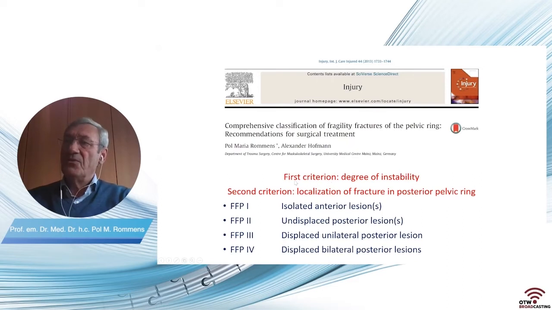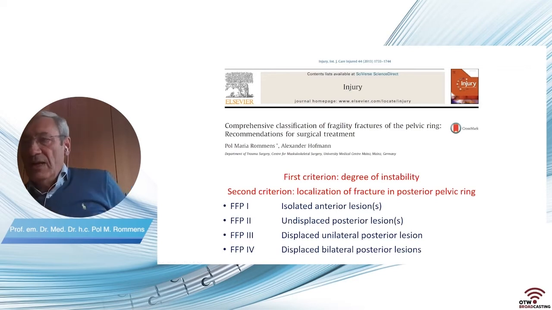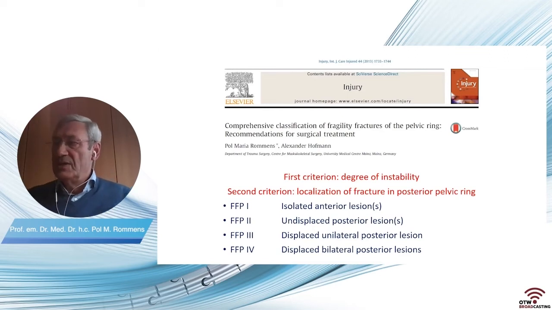And you see here the first criterion of our classification was the degree of instability based on pictures of conventional X-rays and CT. The second criterion was the localization of the fracture in the posterior pelvic ring, because there, if you decide on a surgical treatment, it depends on the localization of the lesion, where you will and how you will stabilize this fracture.